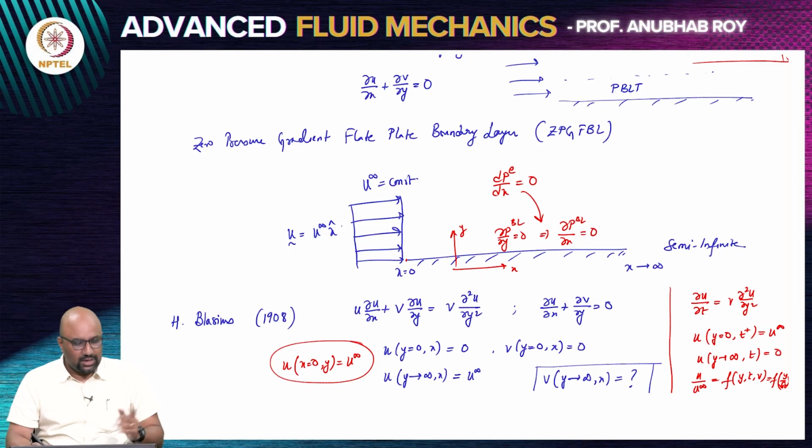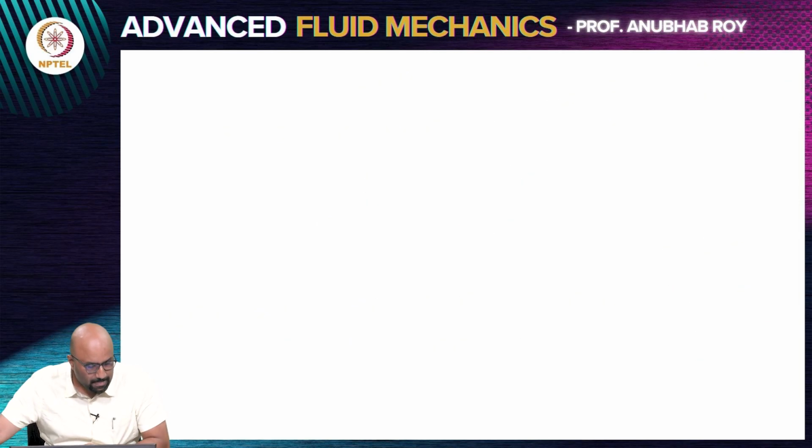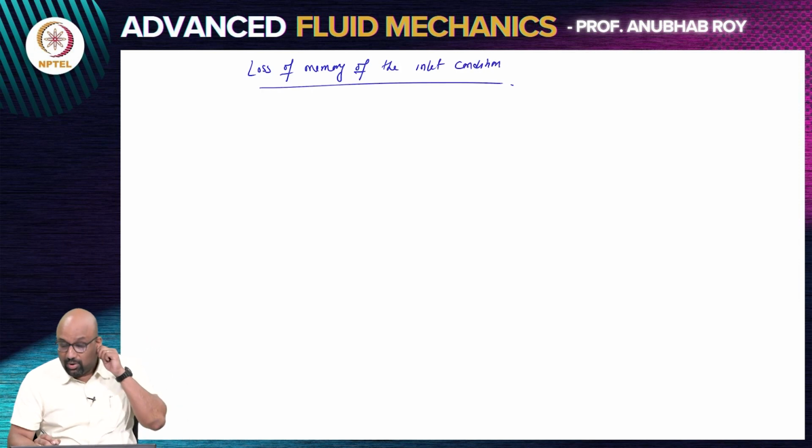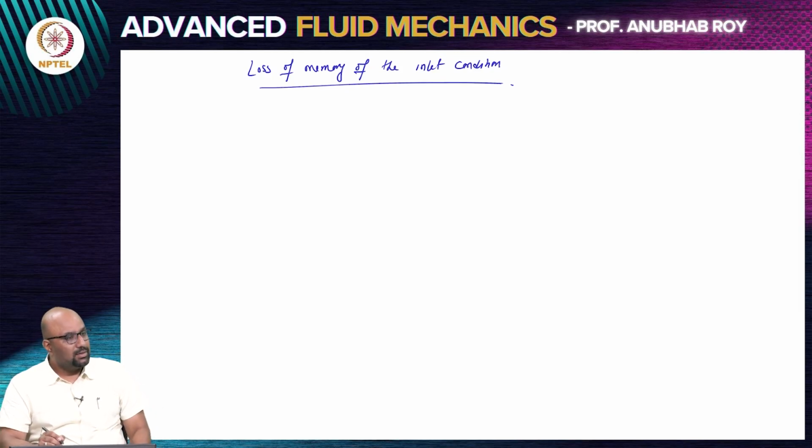Now if you have gone to the regime where there is a loss of memory of the inlet condition, which means I don't really know what was the inlet condition that I had. So because I have a loss of memory of that inlet condition, if I can go sufficiently further x down in the downstream direction, can I think of this problem just like what I did in the unsteady diffusion problem?